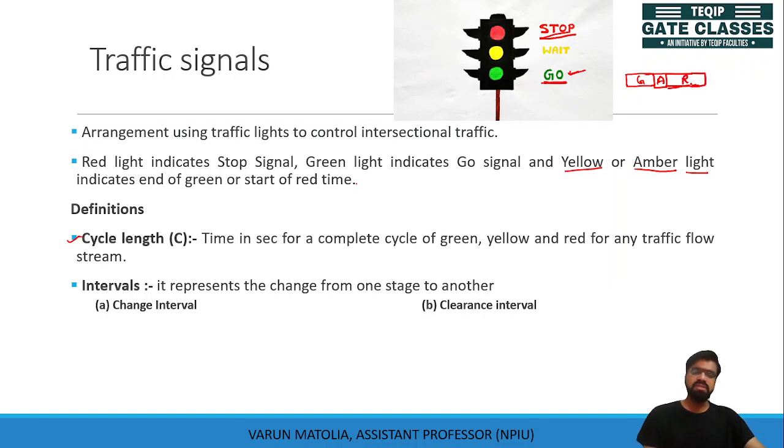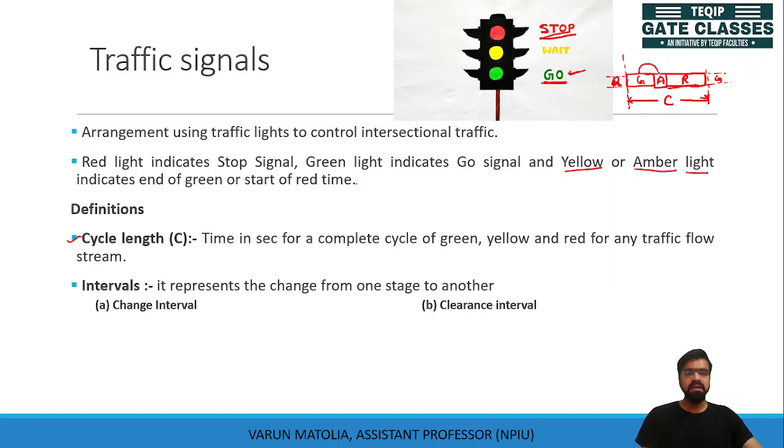Now after this red duration, we will again have a green duration. Before this green duration there was a red duration. So the time from the start of one green to the start of another green, this time is known as cycle length, and this event is known as a cycle.